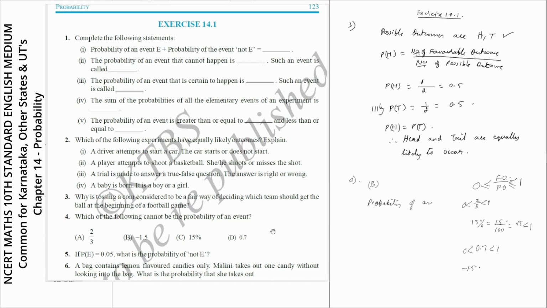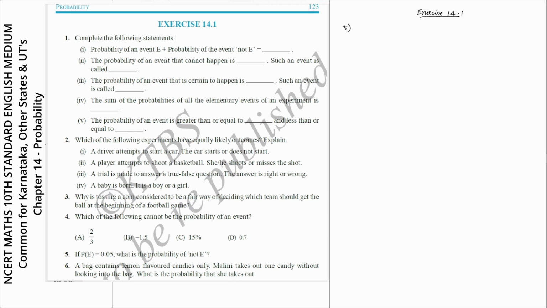Probability of an event is always positive and varies between 0 and 1.